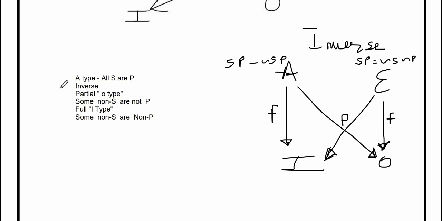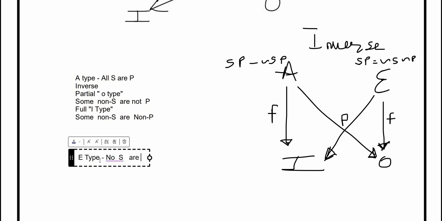So let's take the next one, the E type. What is the standard logical form of E type? No S are P. This is the standard form. Now we have to do inverse, and we are doing partial first. E partial is I. You can see here E partial is I. So partial is I type.